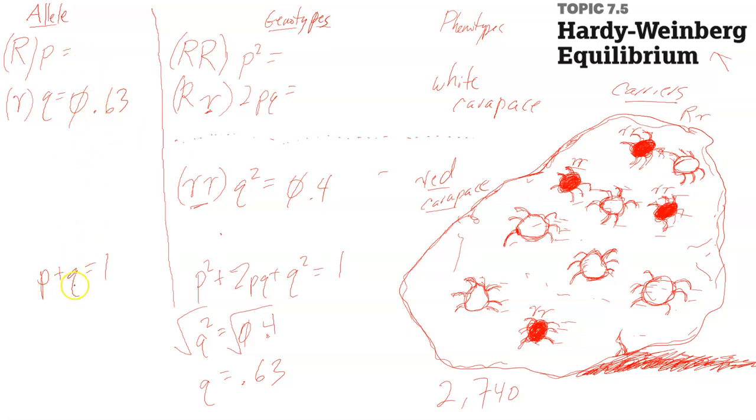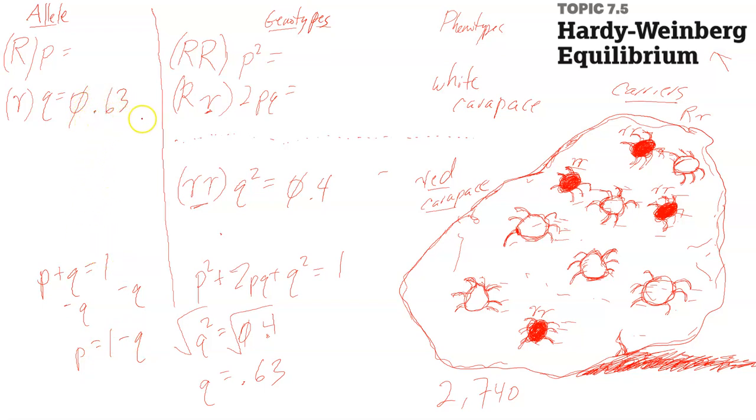Well, once you have q, can't you solve for p? Don't p plus q equal 1? Well, sure. If p plus q equals 1, then you can subtract q from both sides, since q is what we know in this scenario. You can get p. p is equal to 1 minus q, right? So all you have to do is subtract q from 1.